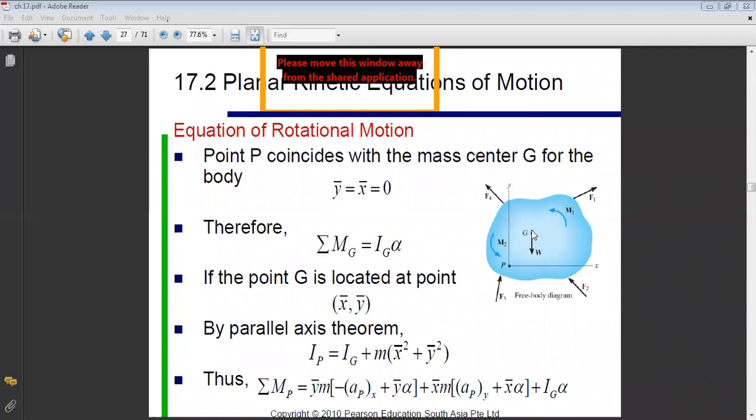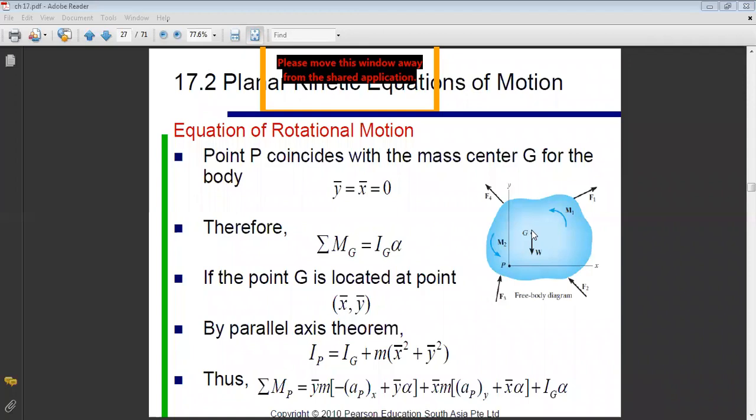What is the relation between Ip and Ig? Who can tell me? From the parallel axis theorem, I can write that the inertia about P is equal to the inertia about G plus m d squared, where d squared is the distance between P and G, so it's m PG squared.